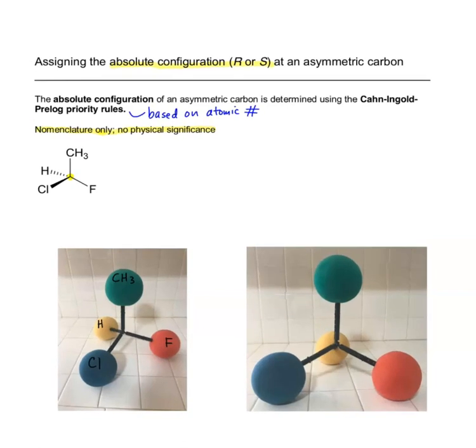Okay, so what you do is start at the asymmetric carbon, and then you're going to look at the 4 atoms that are directly attached to the asymmetric carbon. So in this case, it's the chlorine, the hydrogen, another carbon, and a fluorine.